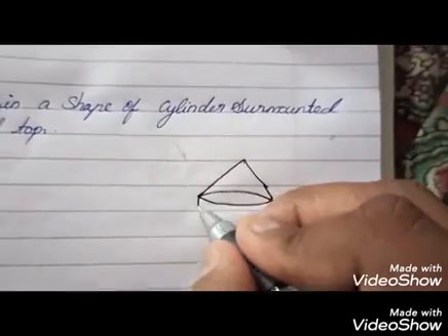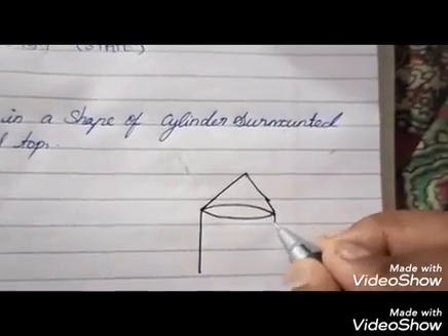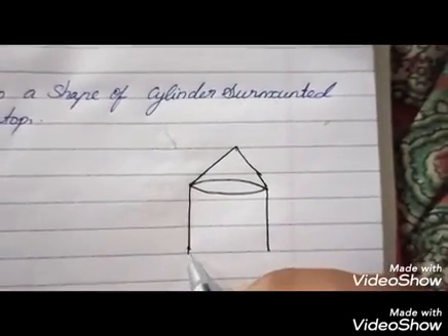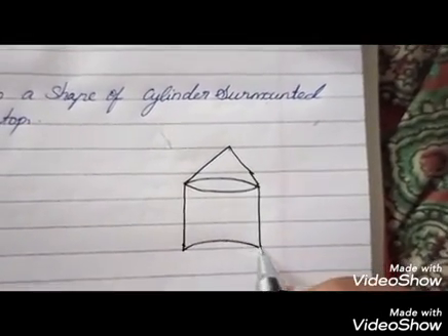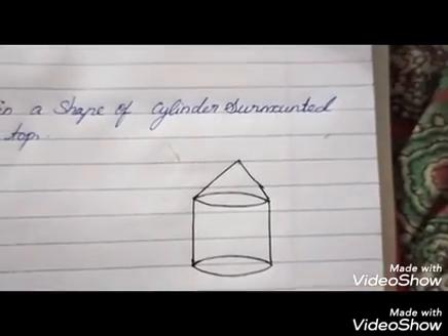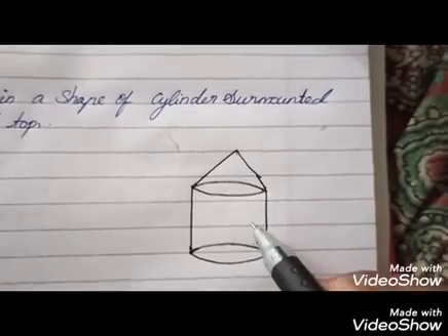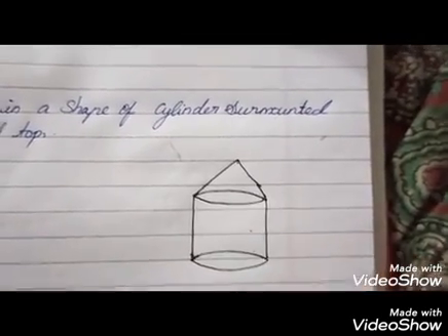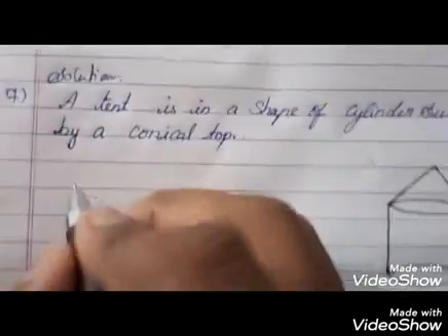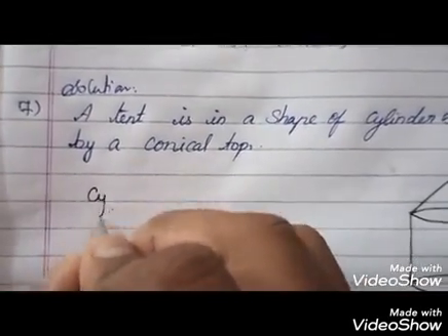And this is the cylindrical portion. So here already I told the top one is conical and bottom is cylinder, and we have to write the given values, cylinder and also the cone.